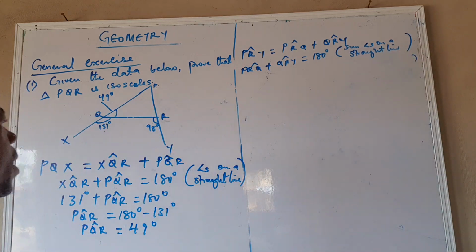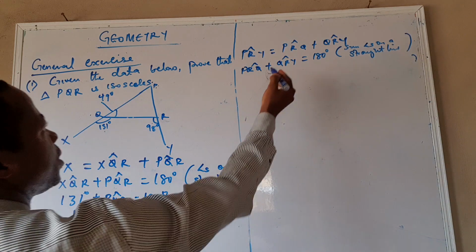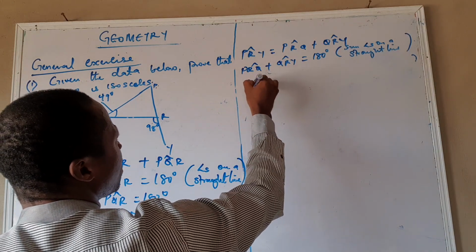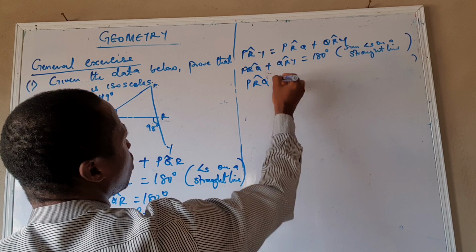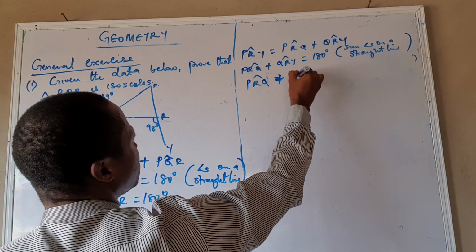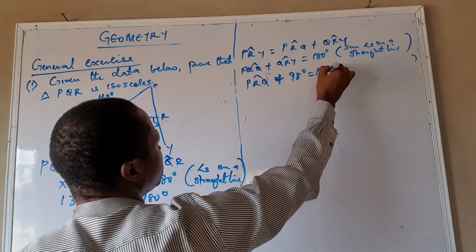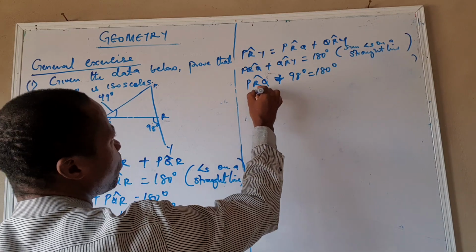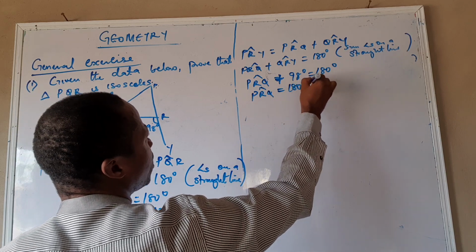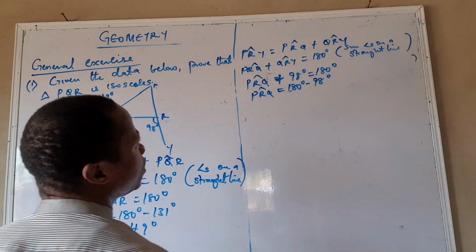And we have been given QRY, which is equal to 98. So we have our PRQ plus 98 degree is equal to 180 degree. So we have our PRQ equal to 180 degree minus 98 degree.